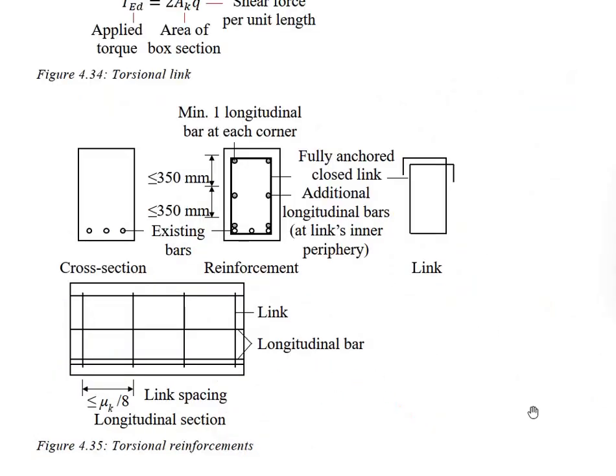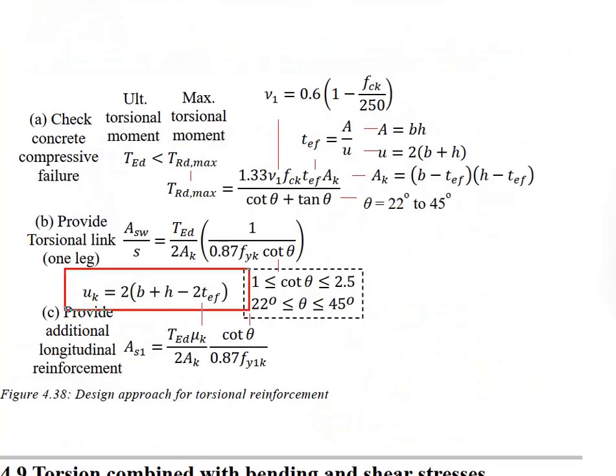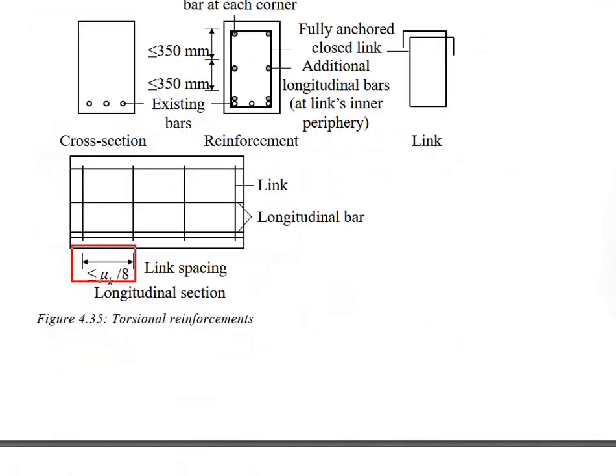For effective torsional resistance, the spacing between the stirrup reinforcement cannot be more than the perimeter distance of the equivalent box section, which is this distance, as given by this formula, divided by 8. That means the spacing between the links cannot be more than the perimeter divided by 8.